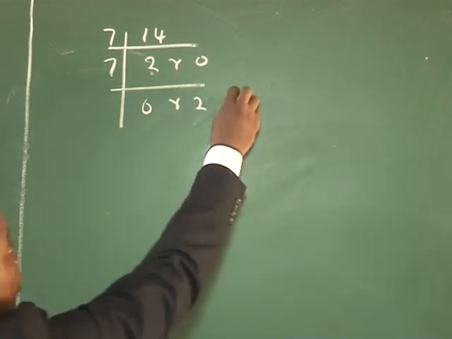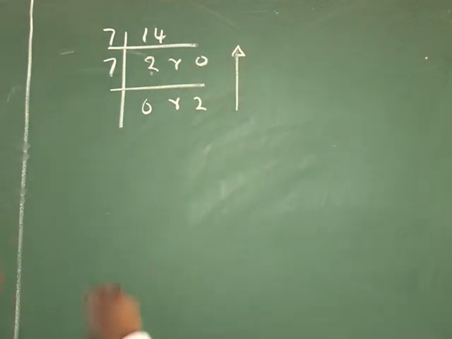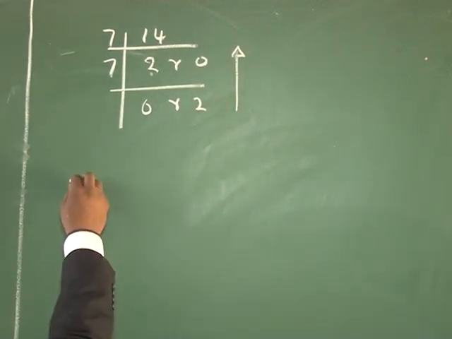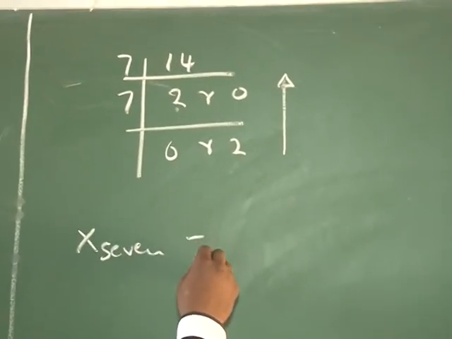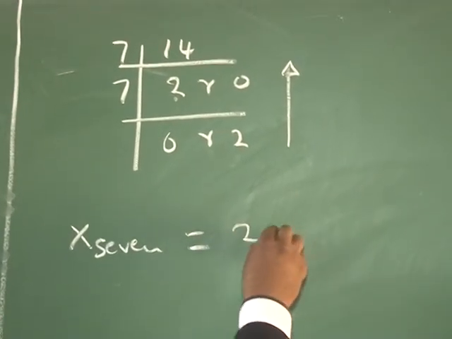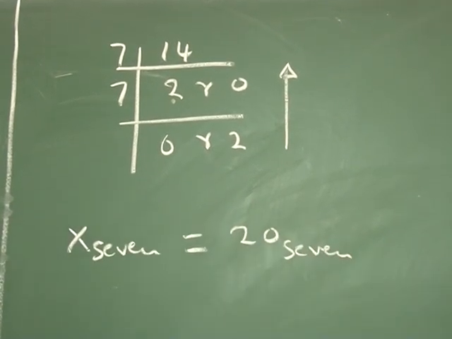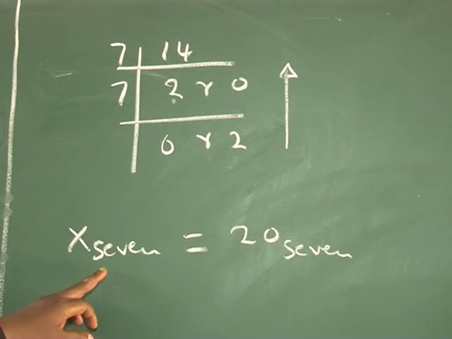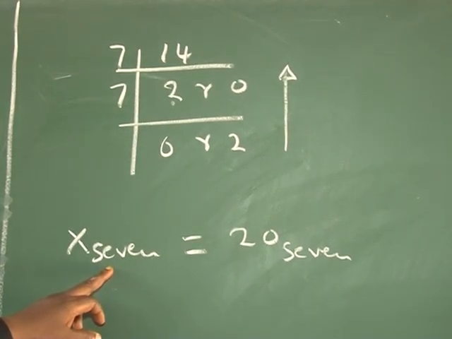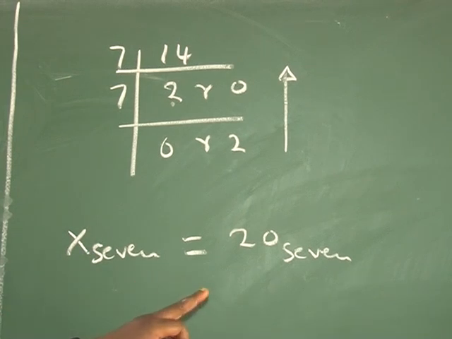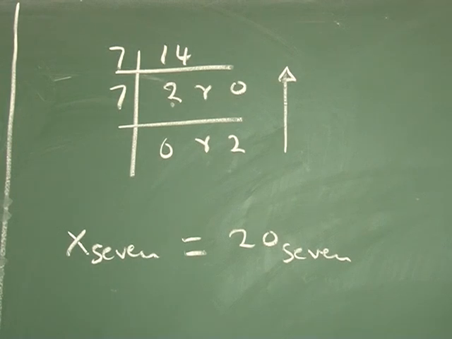As usual, we take from down to up, which means x to base 7 equals 20 base 7. You see that the x there becomes 20, because if you take it from down, you have 20 to base 7.